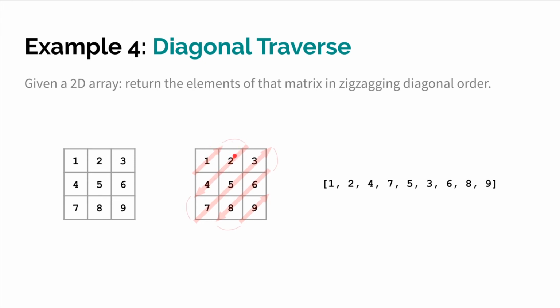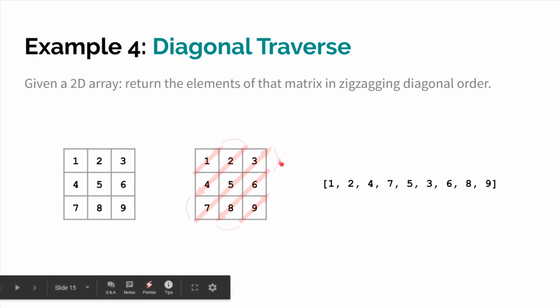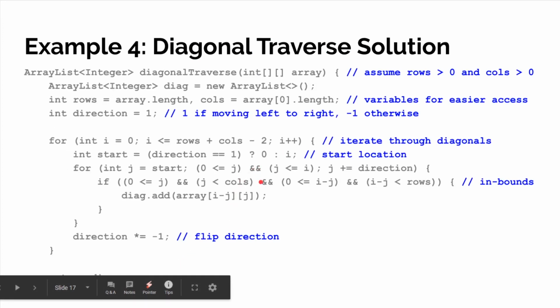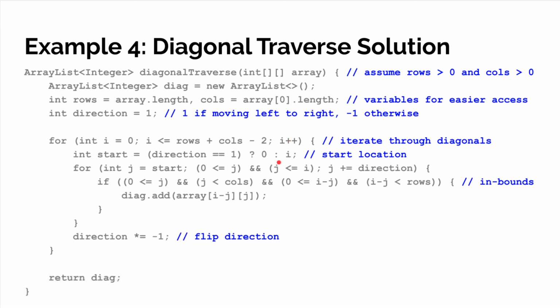Because this is diagonal 1, so we would start here and then go down. We would start here, diagonal 3, go down. So this is just a ternary operator that says if the direction is equal to 1, if we're moving from left to right, then we start at 0, else we start at i, or the column number.